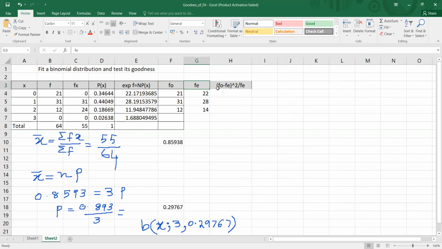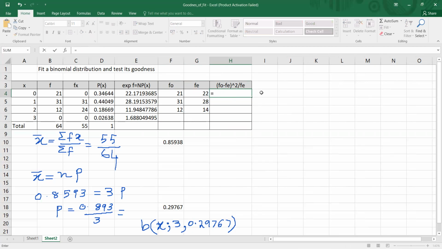Now, it is equal to the observed frequency 21 minus the expected frequency 22, the whole square, divided by the expected frequency 22. This is the first value of chi-square, and then I have to calculate it for the remaining numbers, and the total is to be calculated. The total of these three observations is 0.65.